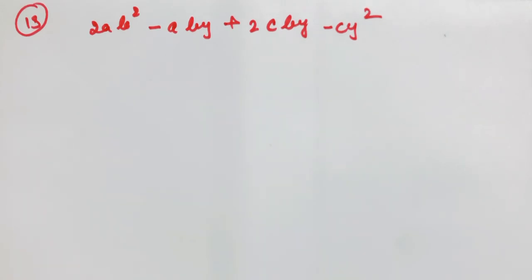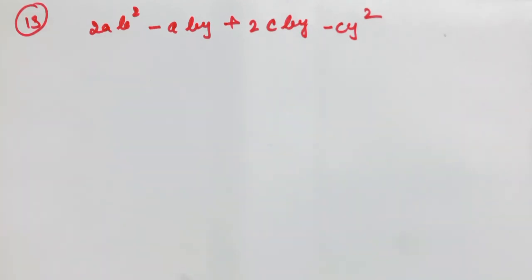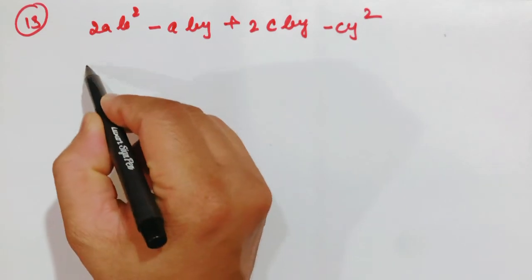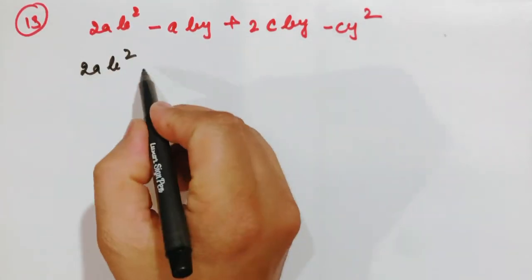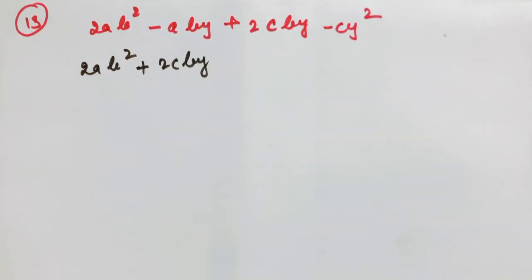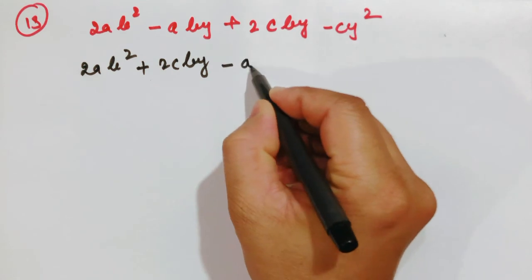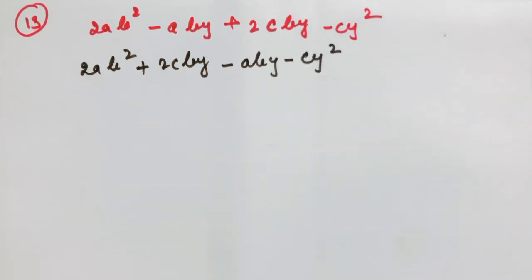कैसे मैं करूँगा? So here I think this is quite easy. इसमें कुछ खास नहीं है, लेकिन let me see, 2ab square and here is also 2, so plus 2cby and minus aby and minus cy square. ठीक है?